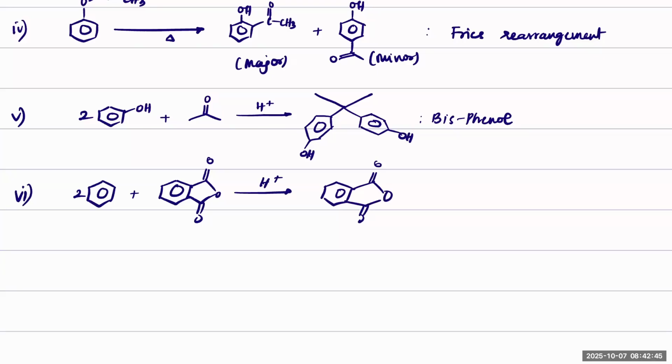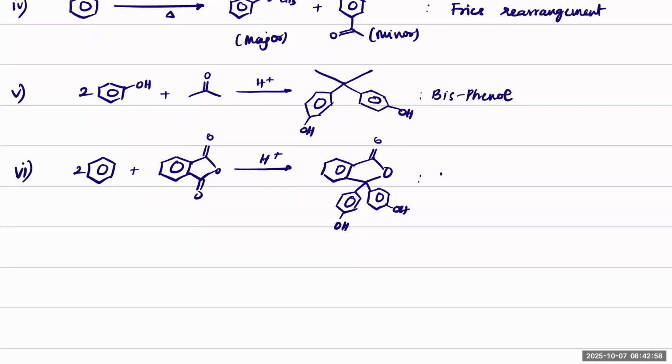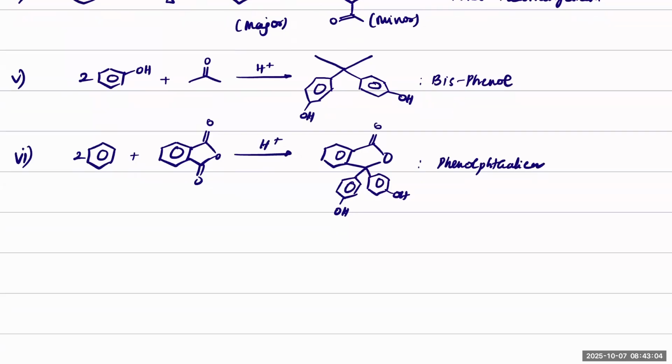And now at this one position, we can have phenolic groups connected. Done. So this is phenolphthalein.